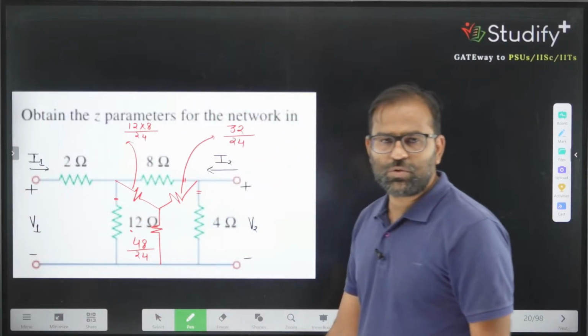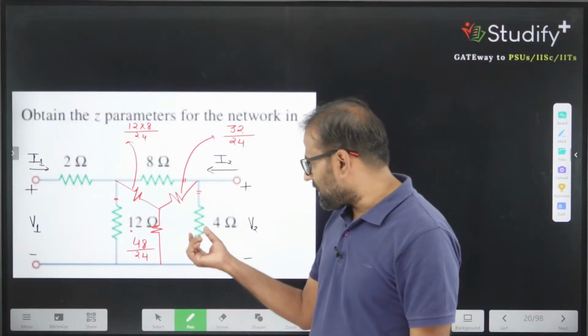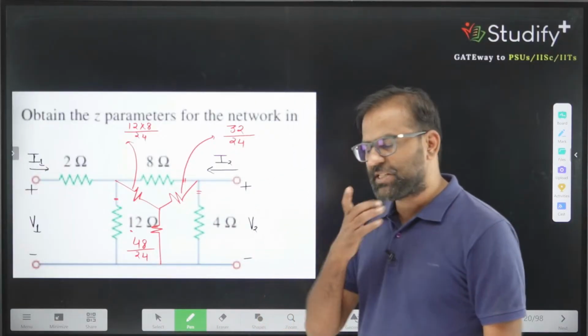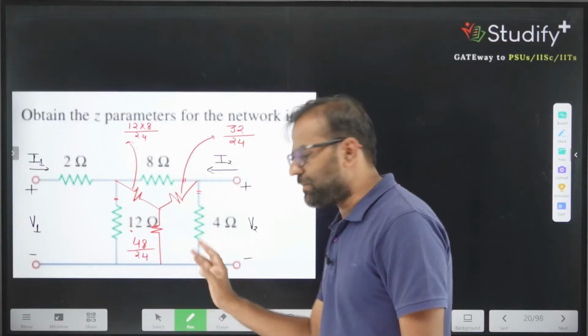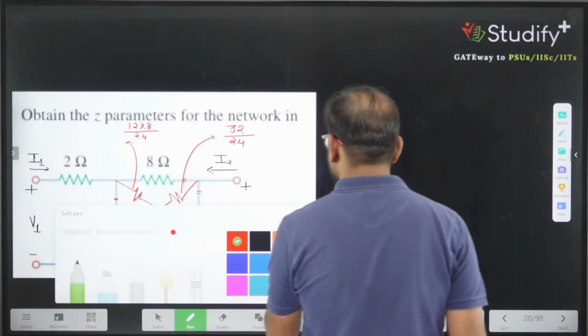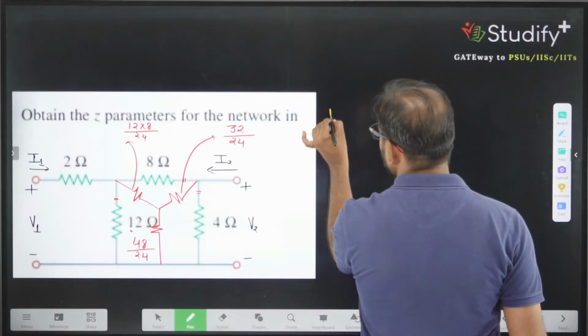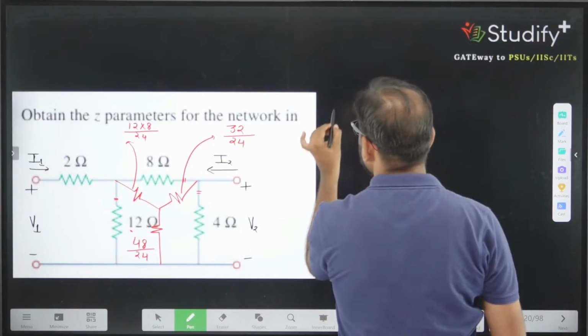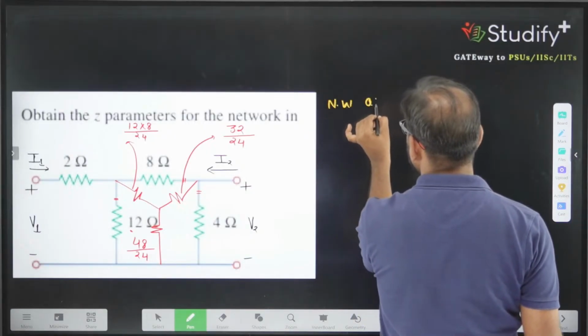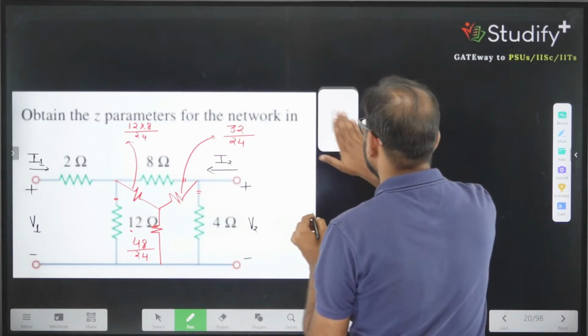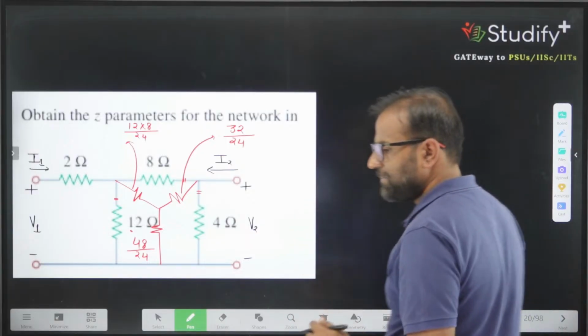Once you know all the values, because what is delta to star transformation? The multiplication of these 2 resistances divided by sum of all resistances. So let me redraw the network after transformation. Let me draw it on the next page.